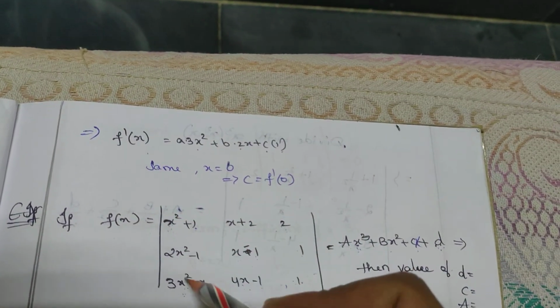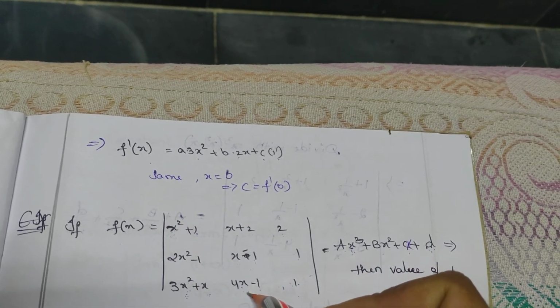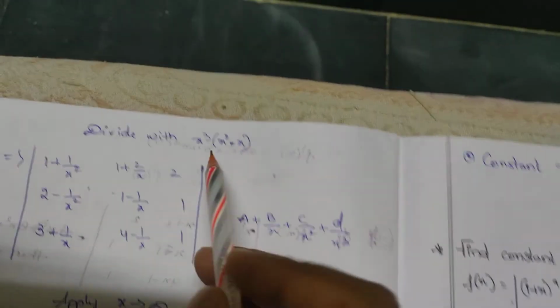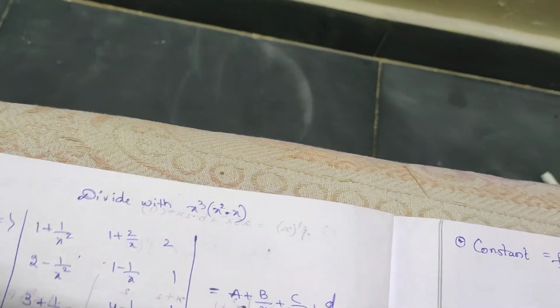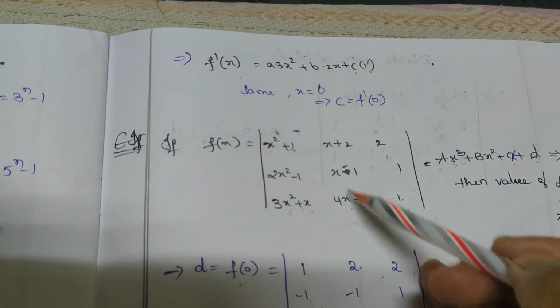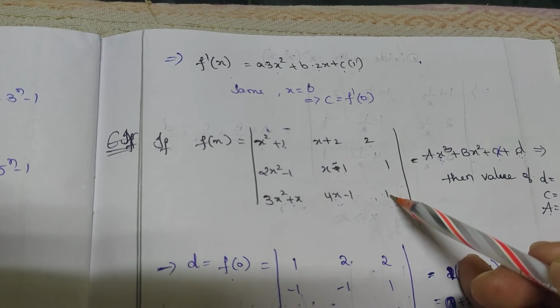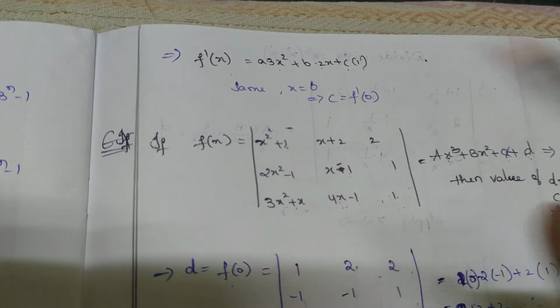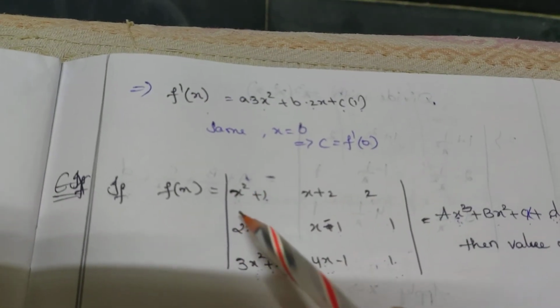In the first column x square is the highest degree, in the second column x is the highest degree, and the third column has no more x. That means this x cube you can write as x square into x. The x square divides the first column, the x divides the second column, and for the third column don't divide with x. So it is very easy to divide the first column with x square.